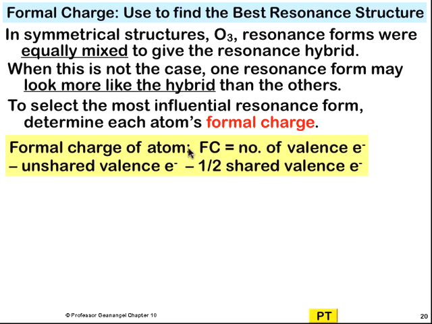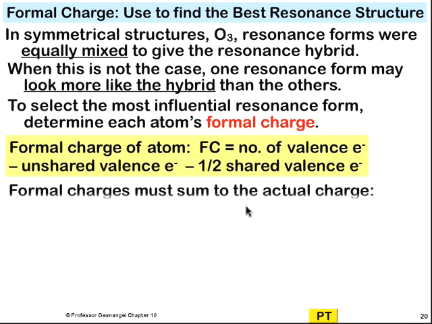The formal charge, or simply Fc, is equal to the number of valence electrons that an atom has as an atom, minus the number of unshared valence electrons, meaning lone pair electrons in the molecule or the ion, minus 1/2 of the shared ones. So the lone pairs count 100% for the atom we're talking about. The shared pairs, or the bonding pairs, count half to each one of the atoms that are involved in the bond.